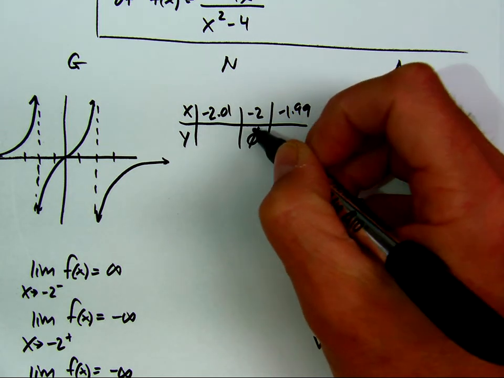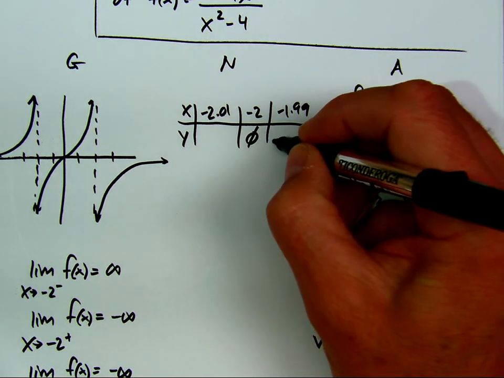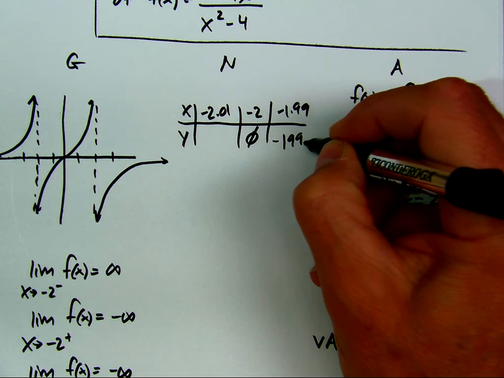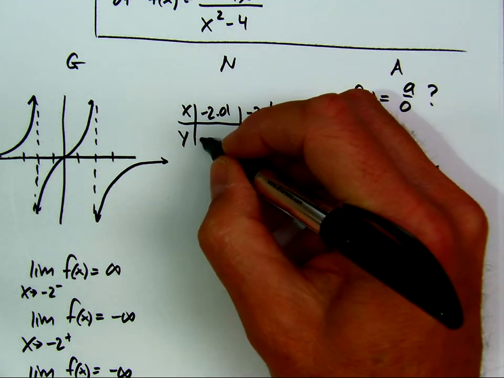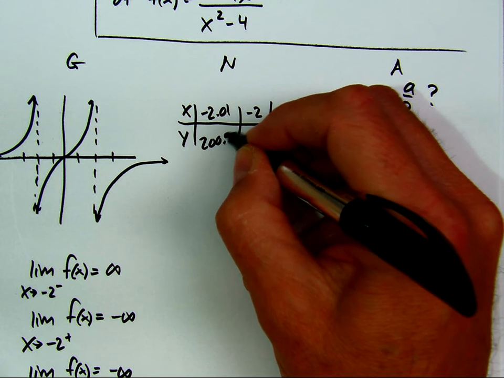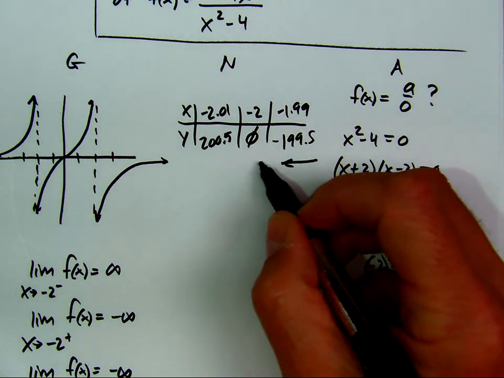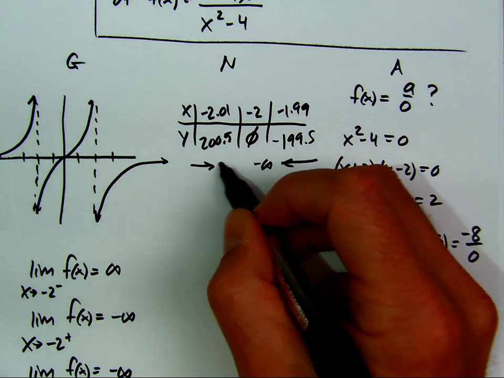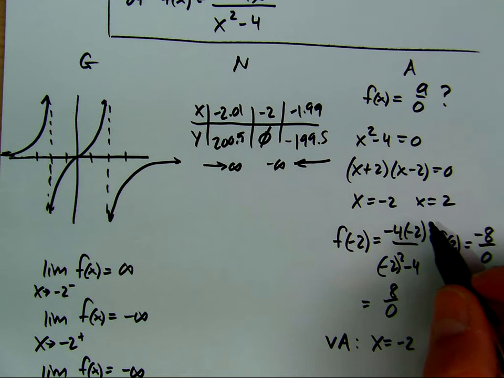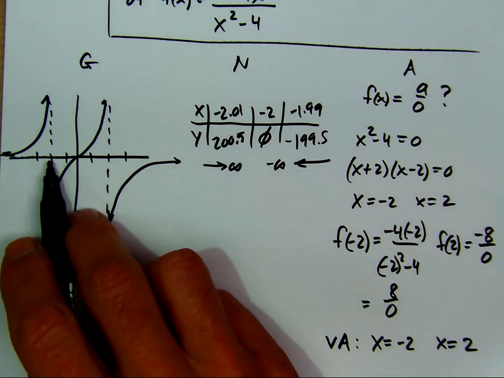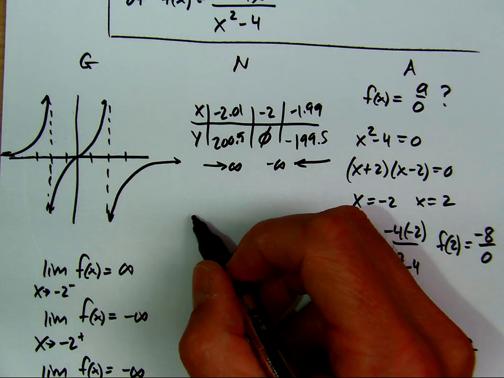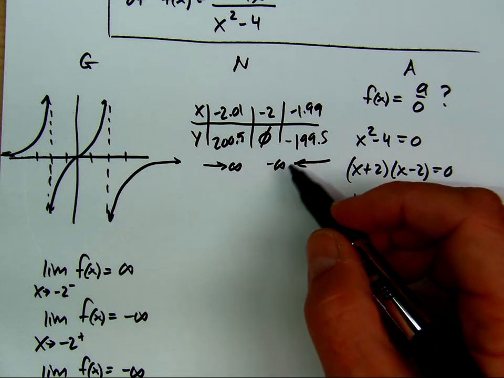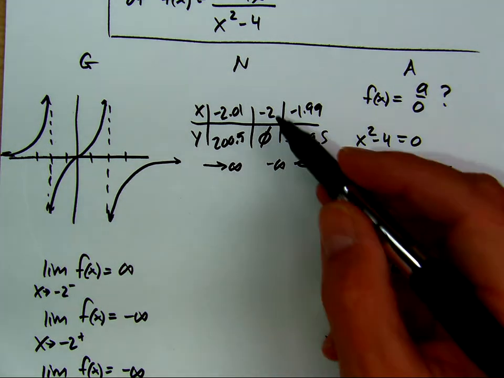Negative 2 is undefined, and here we have negative 199, and this is 200.5, so it looks like this could be going to negative infinity and that could be going to positive infinity. So we see that at negative 2, positive infinity, and negative infinity. And we can check the same way for positive 2.